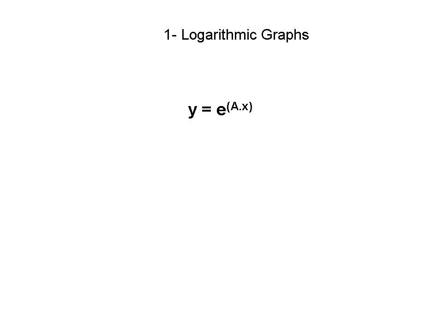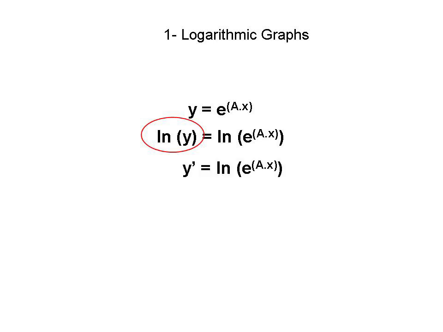There is a curious property of exponential function. When you take the natural logarithm of both sides, you see that the new y, say that's y prime, equals a times x.